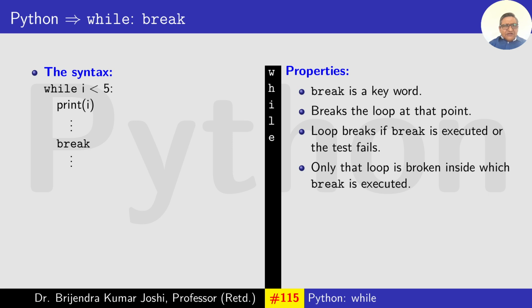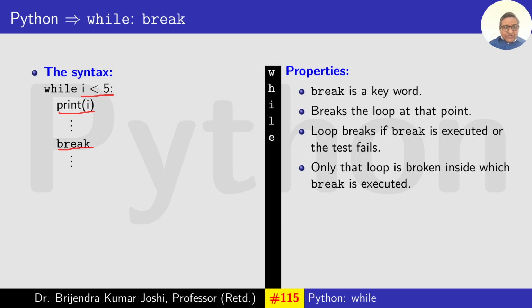Break: if the test expression evaluates to true, if the value of I is less than 5, it will enter the body of the loop, print the value of variable I, execute other statements, and if it encounters break, it breaks the loop and comes out of the loop from that point itself.